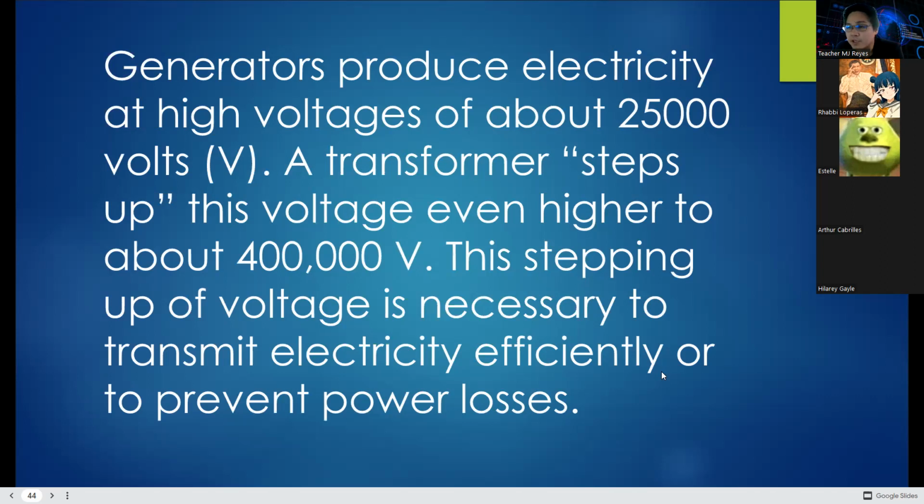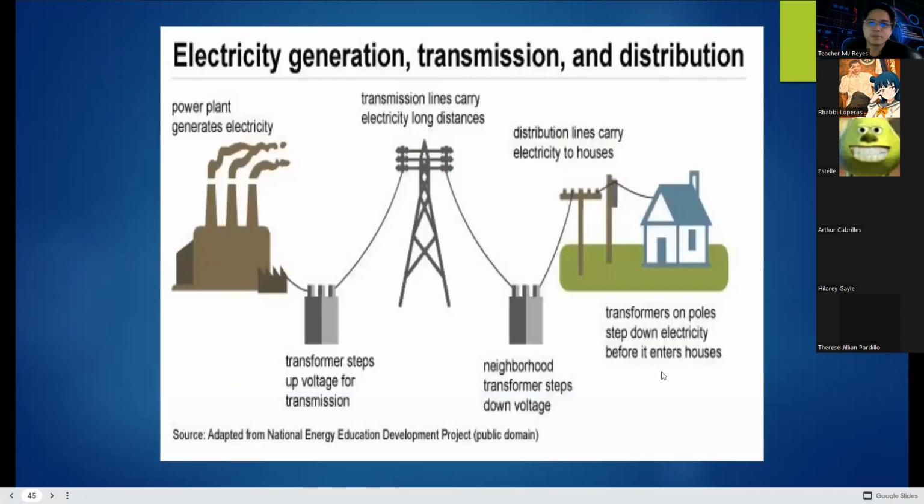This is what I told you a while ago, that this electrical energy should be stepped up, or at high voltage. Otherwise, once transmitted, it will have a power loss because of these long cables.